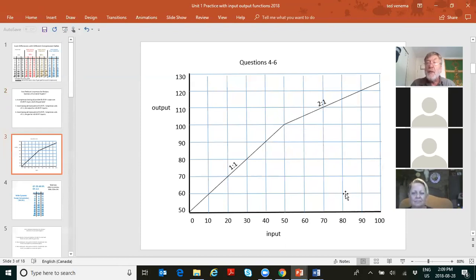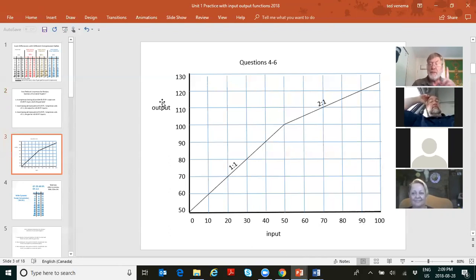With 80 input, my output's 115. And 90 input, my output's 120. So as my inputs, to the right of the knee point, increase by 10, my outputs are correspondingly increasing by only 5. That's a 10 to 5 compression ratio, or boiling it down, 2 to 1.